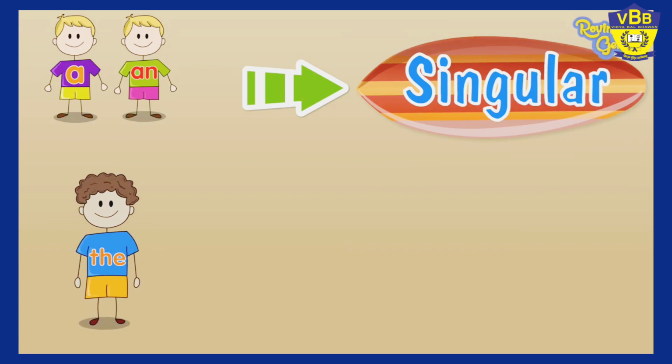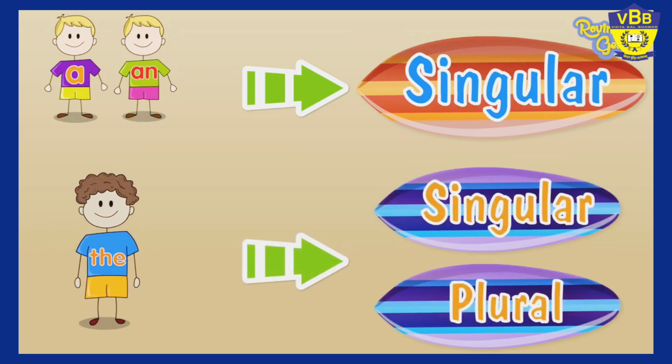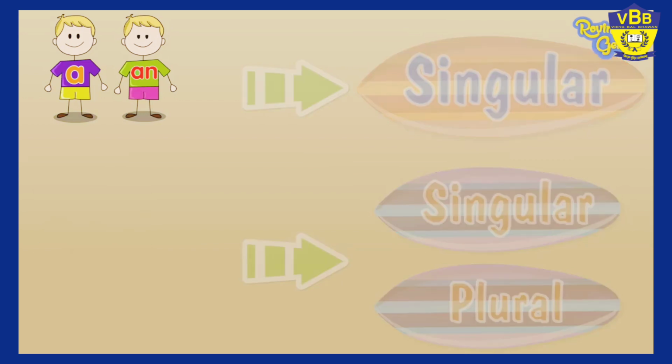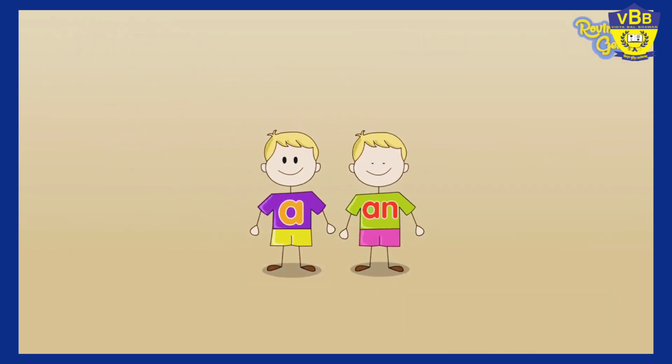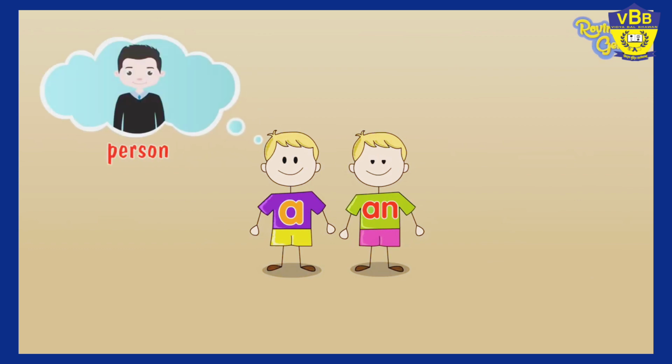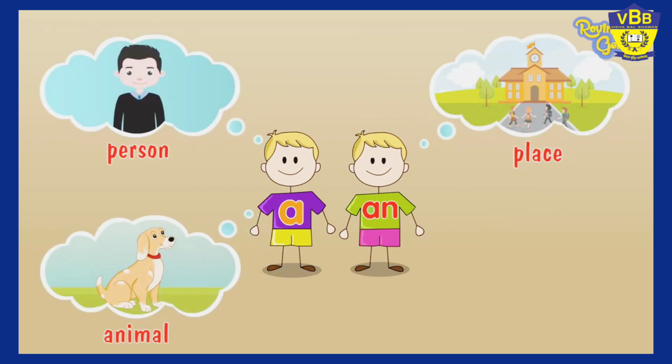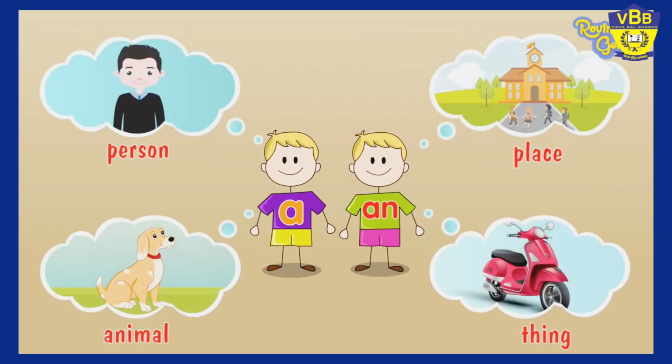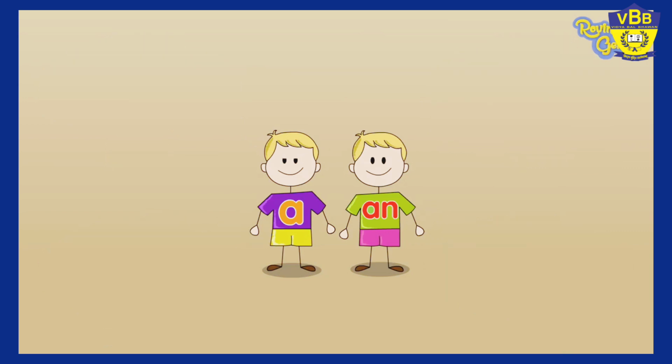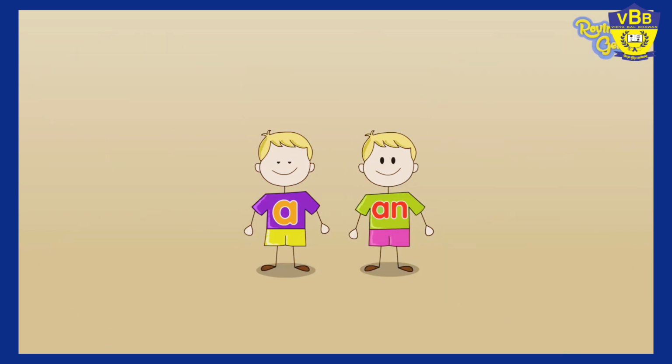The elder brother, the, likes to point out both singular and plural nouns. A and N are usually seen with one person, one place, one animal, and one thing. Though they are twins, both have different hobbies.